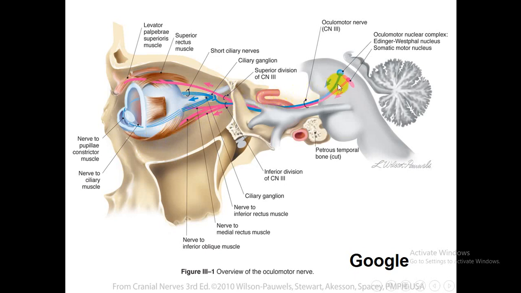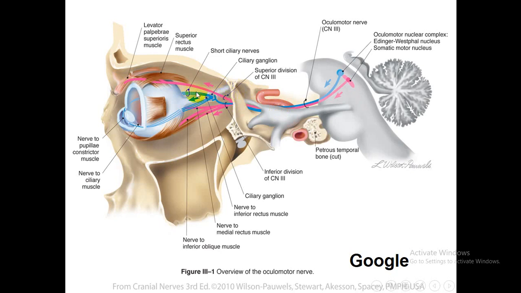So, to repeat, the oculomotor nerve emerges from the anterior surface of the midbrain on the medial side of the cerebral peduncles and enters the lateral wall of the cavernous sinus superior to the trochlear and the ophthalmic and maxillary divisions of the trigeminal nerve. Then it enters through the superior orbital fissure between the two heads of the lateral rectus, where it divides into an upper and lower branch.